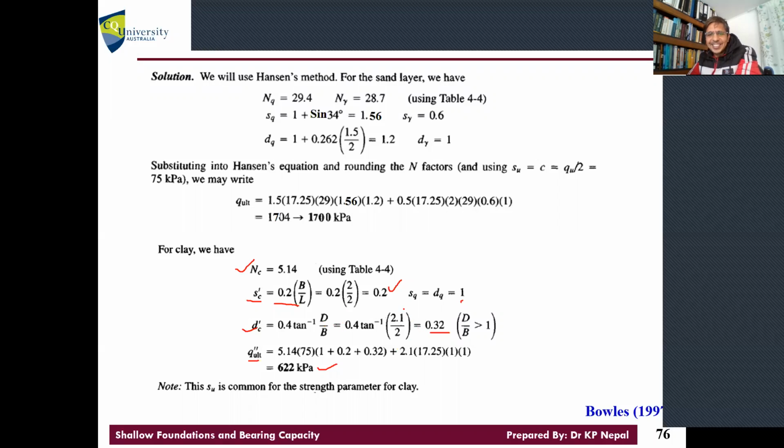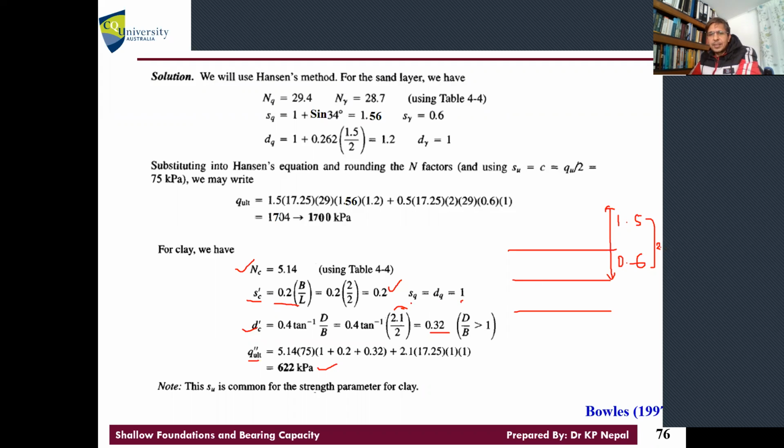Okay, so that's the reason. Because you see, this is a sand layer, and there is a clay layer here, right? So what is the total depth? 0.6 below the foundation and 1.5 above the foundation, right? So the total for the clay would be what? 2.1. Good.